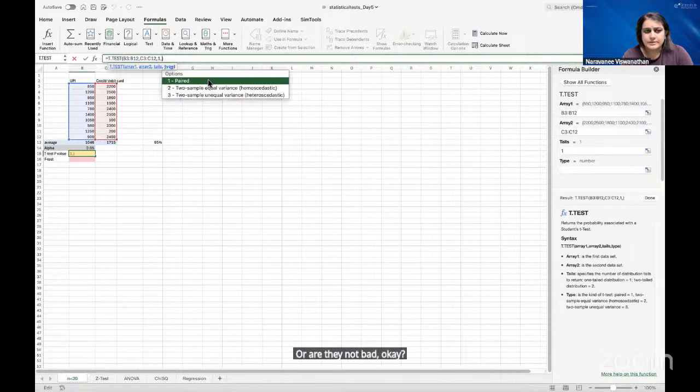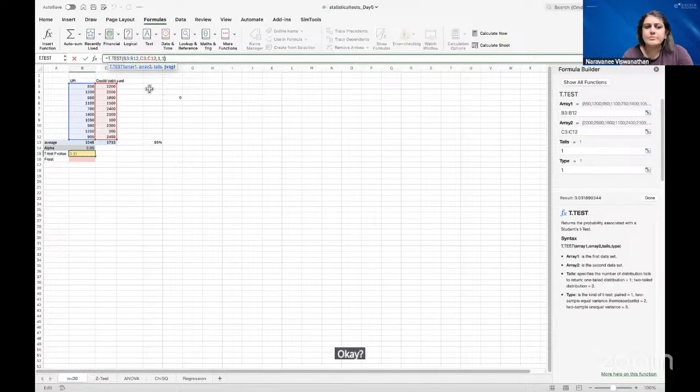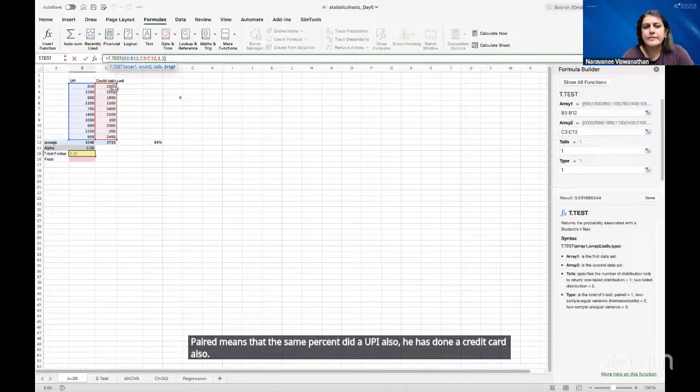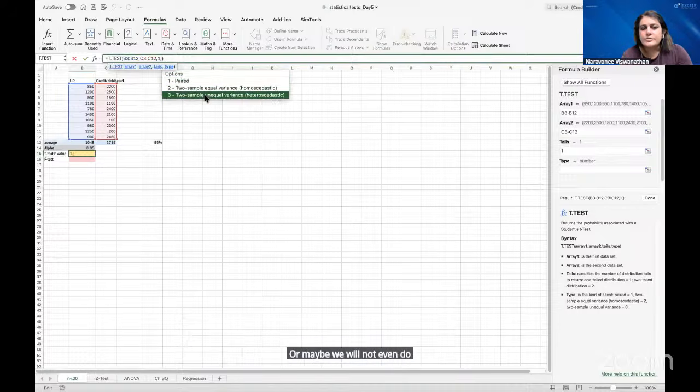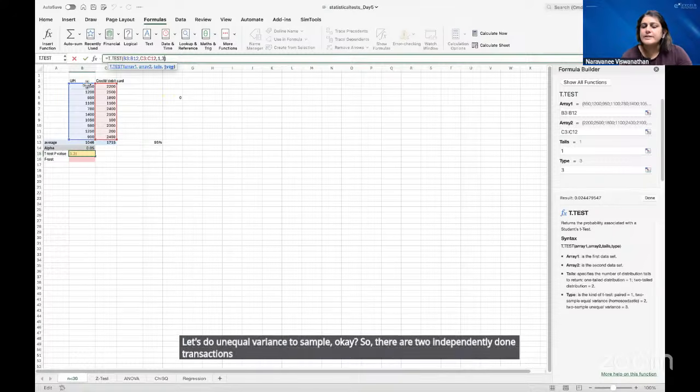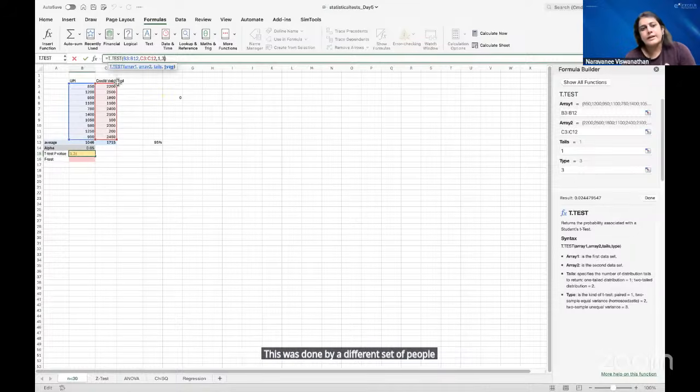We are going to do them as paired. What does it mean? Paired means that the same person did a UPI and also a credit card transaction. Or maybe we will not even do paired. Let's do unequal variance two-sample. So there are two independently done transactions. This is done by a different set of people, and this is done by a different set of people. And they have different variance also.